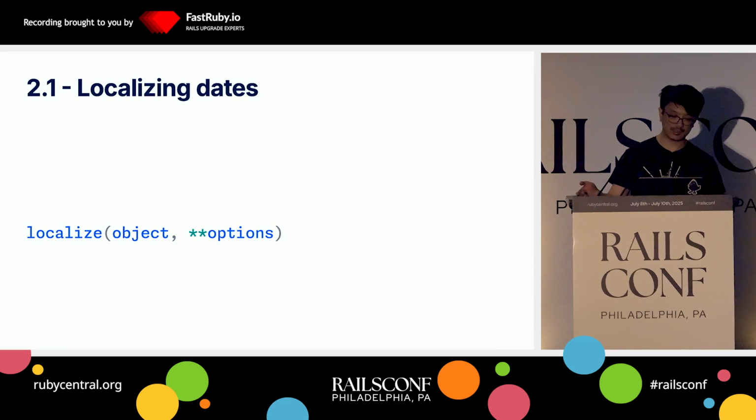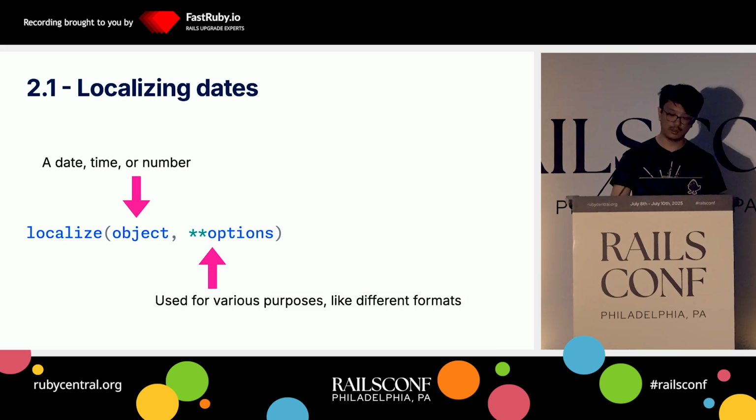Well, just like with text, Rails provides us with a helper method to handle data called localize. It takes the object to be localized, which is something like a date, a time, or a number. And then it can also take some options, which are generally used to choose a specific format other than the default format for that data type.